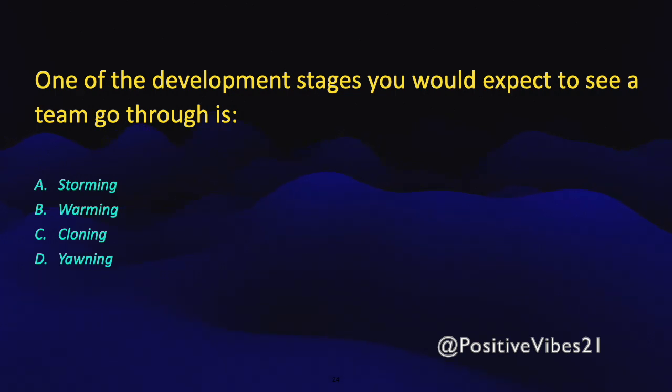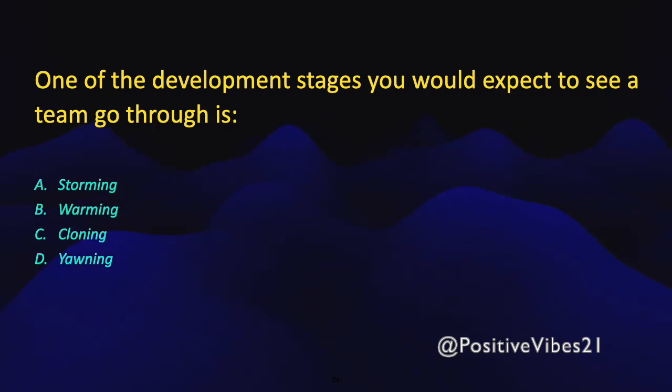The next question: one of the development stages you would expect to see a team go through is. This question is around when you have a new team. When a team is formed, there are certain challenges, and it takes a little longer to have an ideal team, who can really work as a team.